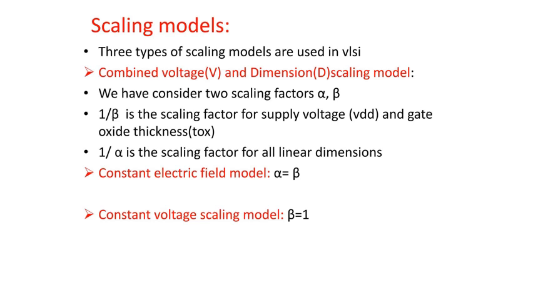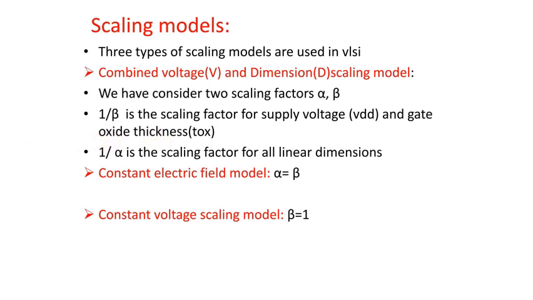Now coming to the point, combined voltage and dimension scaling, we have considered two scaling factors, namely alpha and beta. So 1 by beta is the scaling factor for supply voltage as well as the gate oxide thickness.